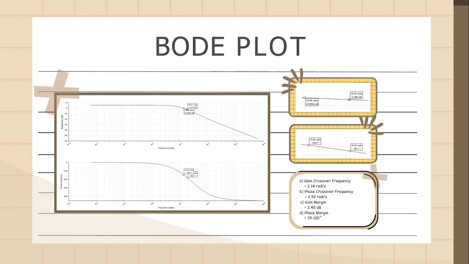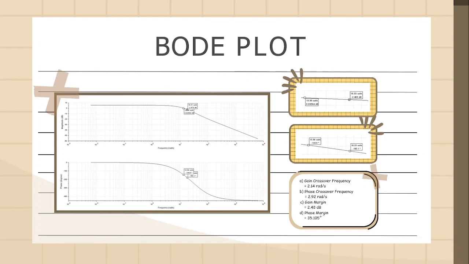For the values required for the question, first, the gain crossover frequency is 2.14 radian per second. Actually, for our coding, we already made the frequency value convert to radian per second, so the final value is 2.14 radian per second.